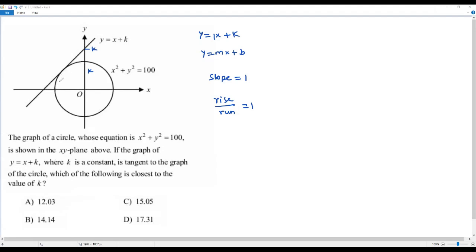In this graph, the vertical line segment represents the rise and the horizontal line segment represents the run. Since rise over run equals 1, rise and run must be equal, so the length of this vertical line segment and the length of this horizontal line segment must be equal. Already we got the length of the vertical line segment, that is k. Then the length of this horizontal line segment also must be k.